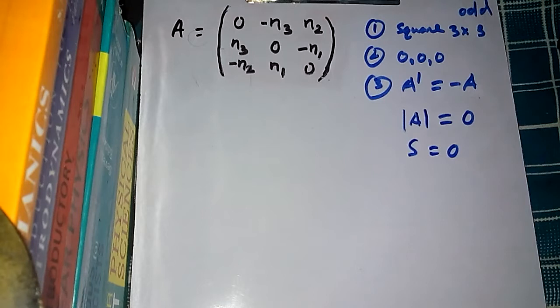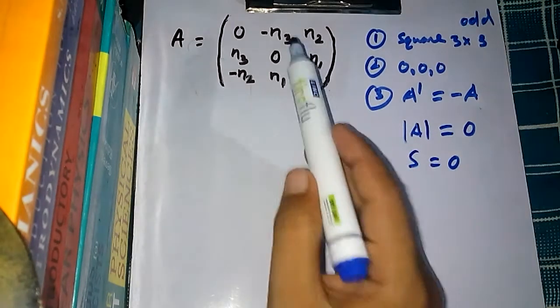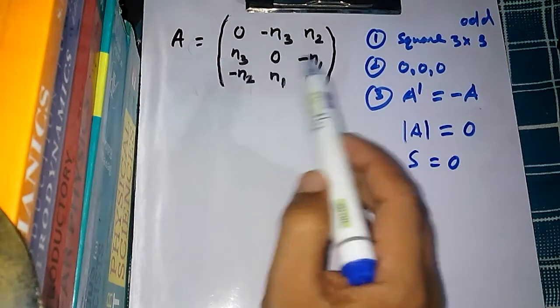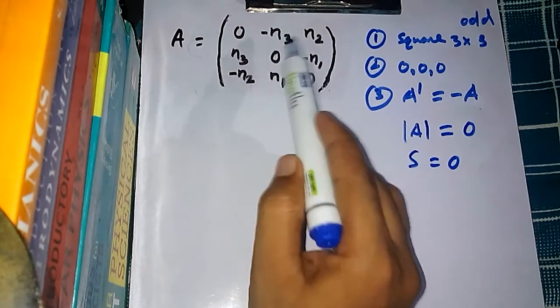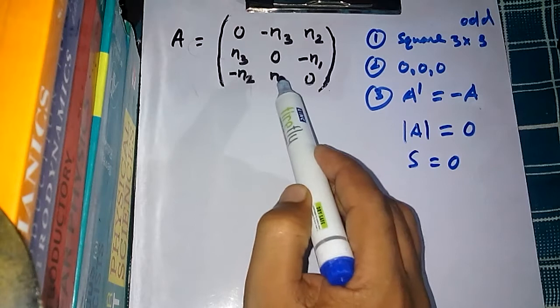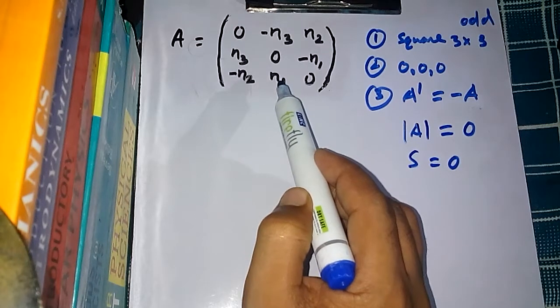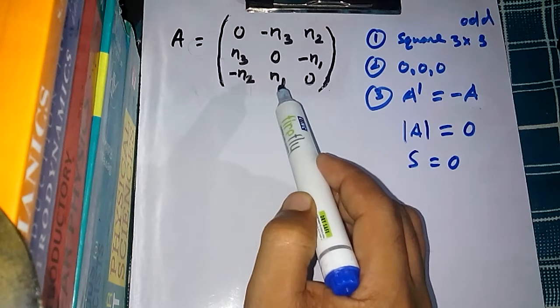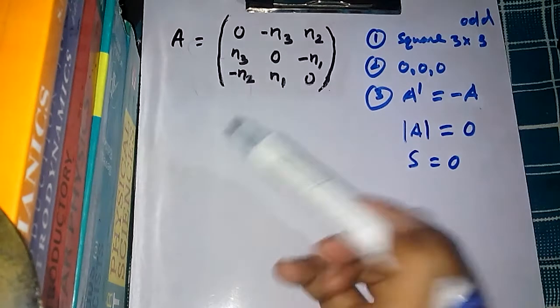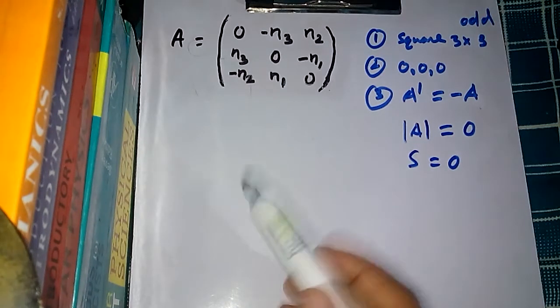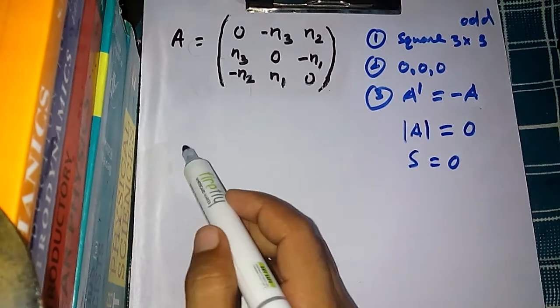But the condition is that the non-diagonal elements, that means this and this, the off-diagonal elements, should be real numbers. This is one condition. Otherwise, the eigenvalues would not be purely imaginary. Okay, so let us see about eigenvalues.